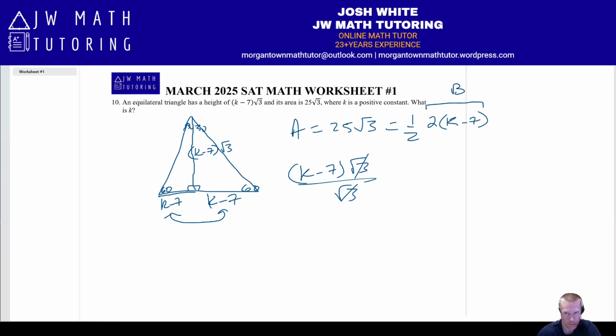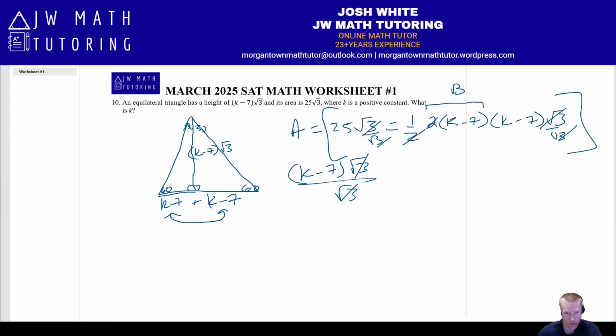So again, this is the base, these two added together, and the height is k minus 7 root 3. Okay, so this is the equation we're working with. So notice a couple things. 2 and 1/2 cancel out. The root 3's will also cancel because you can just divide both sides by root 3.